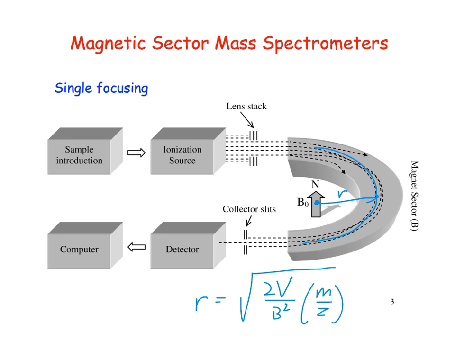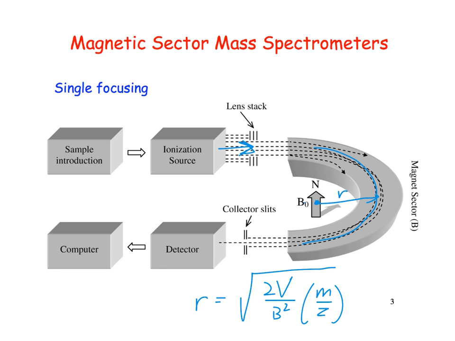Okay, so we looked at the fact that for a given voltage, which is the accelerator voltage coming out of the ion source, and the magnetic field, different mass to charge ratios are going to curve at different amounts. If we have a higher mass to charge ratio, it's going to have a wider radius, right?